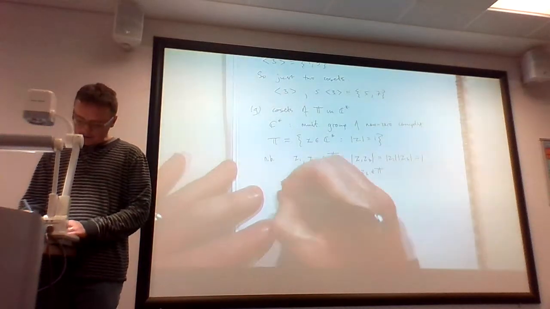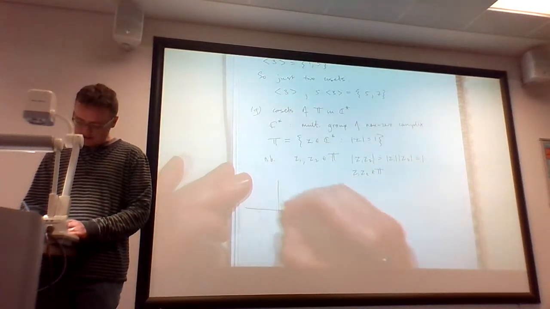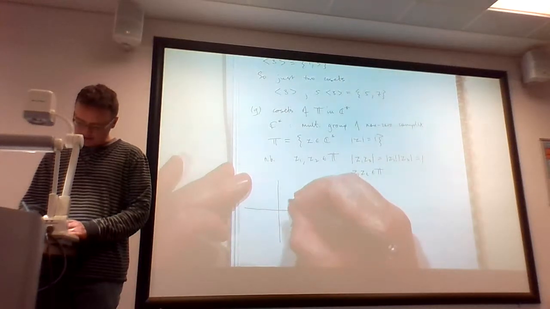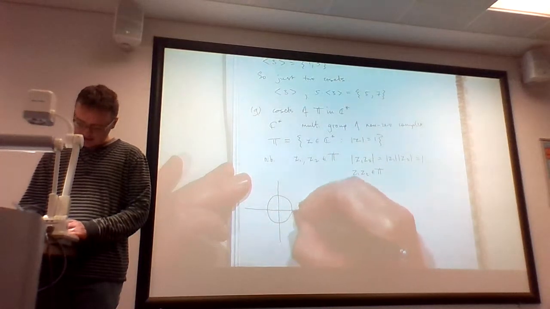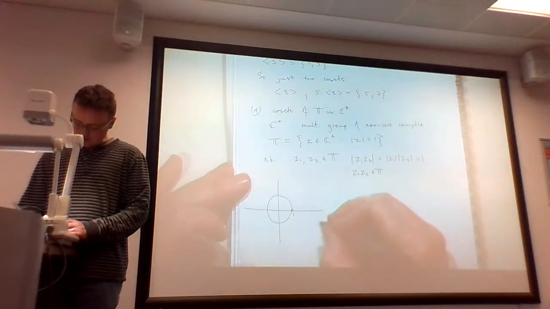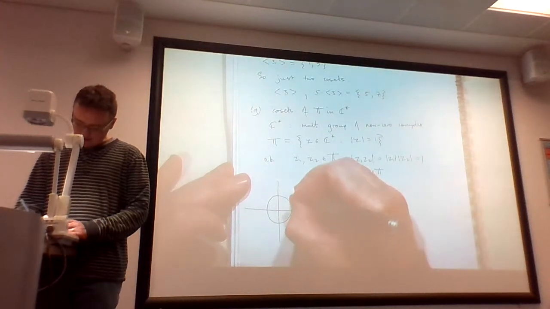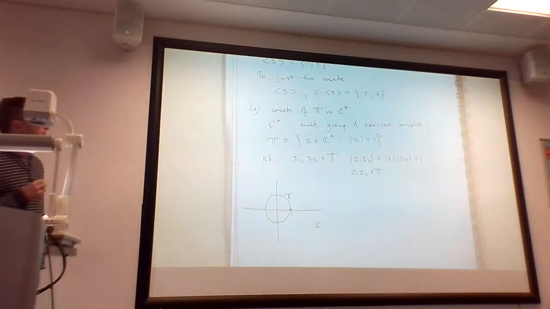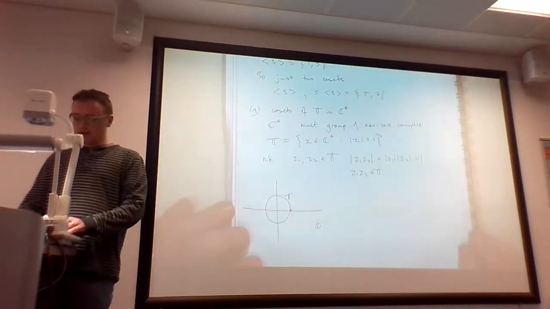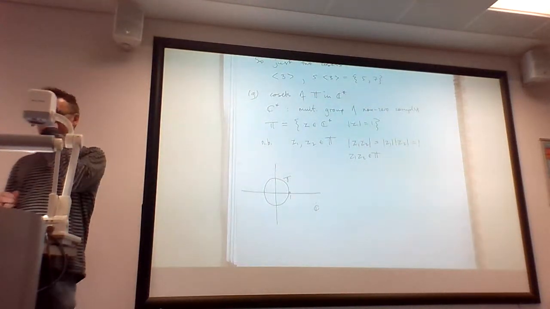If you're talking about complex numbers and things like this, straight away you should think about it geometrically. So there's the radius 1 circle in the complex plane. There's your subgroup T. What are the cosets of this subgroup?